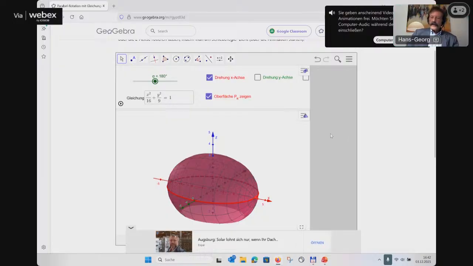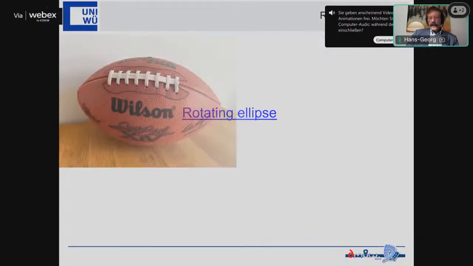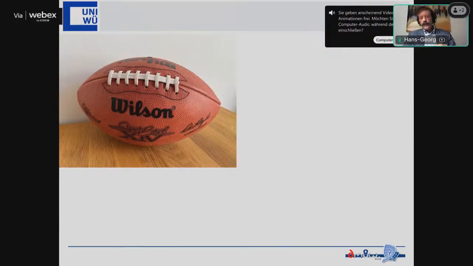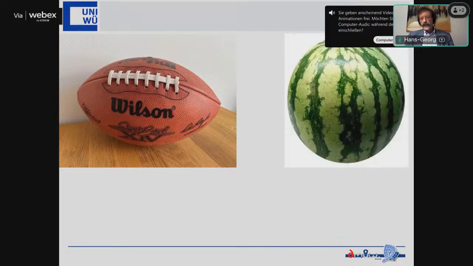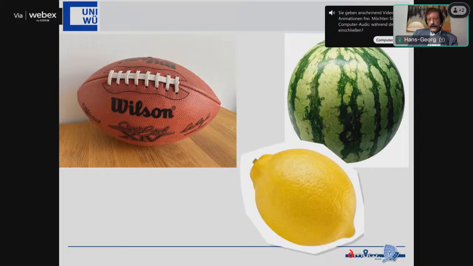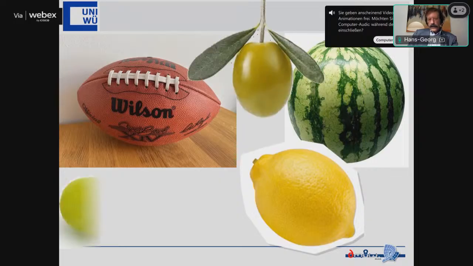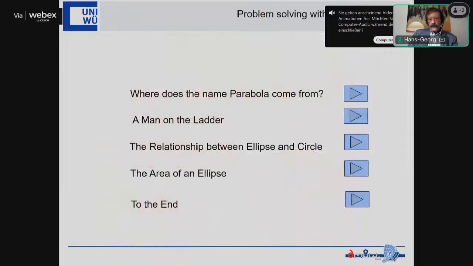And again, an example of this 2D, 3D relationship. And you find some objects in the environment which are nearly ellipsoids, not real ellipsoids, only nearly. Also this one, or this one, or this one.